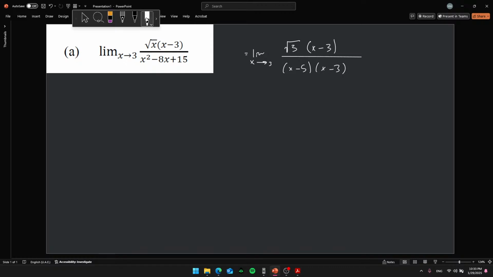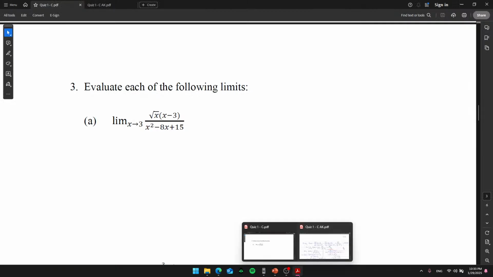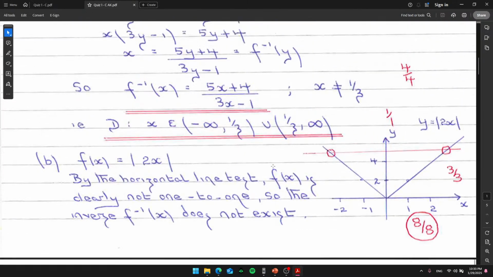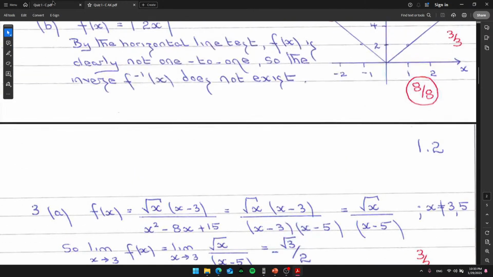Then substitute 3: root 3 minus 5 over negative 2. So negative root 3 over 2? Where is it? Yeah, negative root 3 over 2.